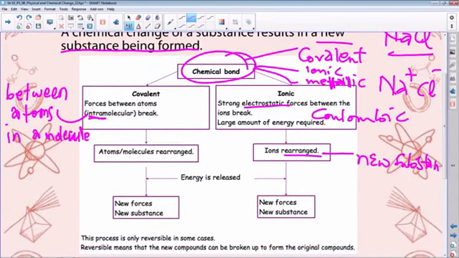Now, that's why I said it's very important for us also to think of a chemical change as a reaction. When new substances are formed, what is very key is that energy is released. We shall talk about how energy is released when new bonds are formed.